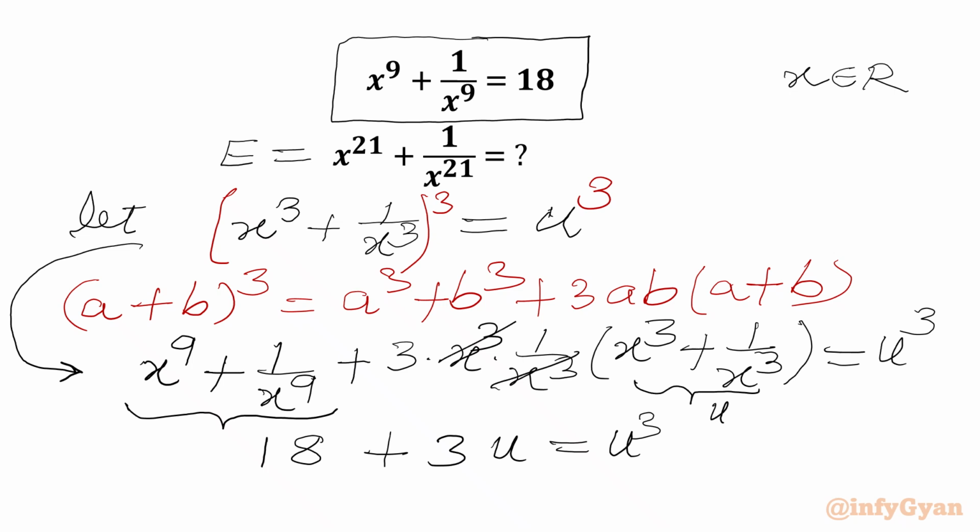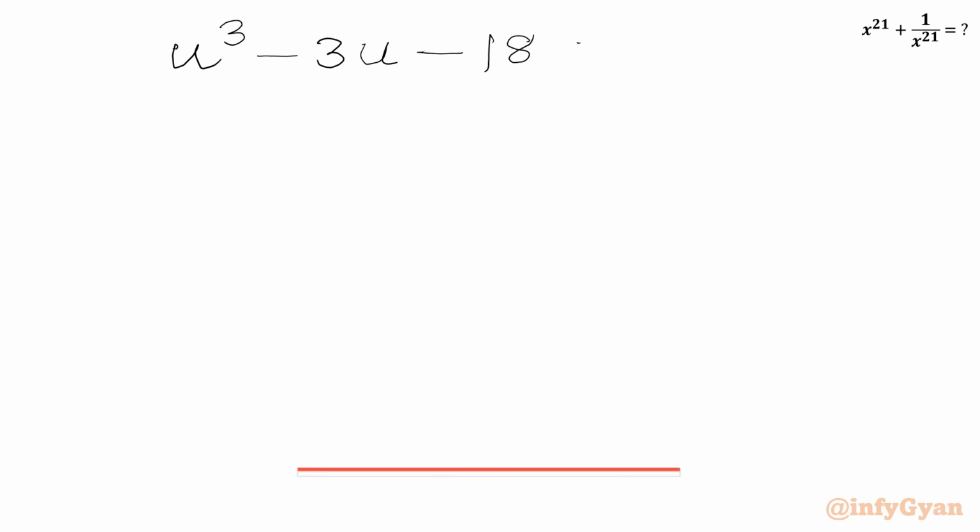Now we will take all the terms to one side and we can write u cube minus 3u minus 18 equal to 0.